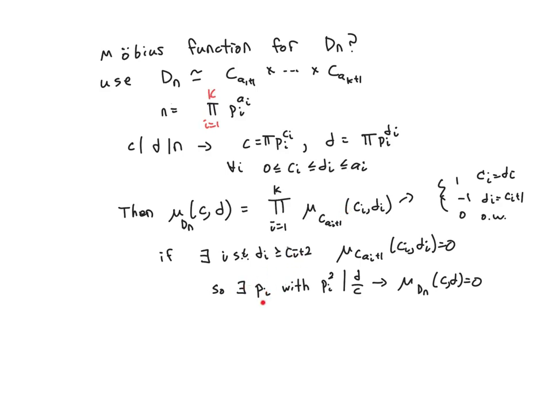And this happens when there exists a pi such that pi squared divides D over C. Remember, D divided by C is an integer. So D divided by C is not square free, it's divisible by a square. In that case, the Möbius function is 0.